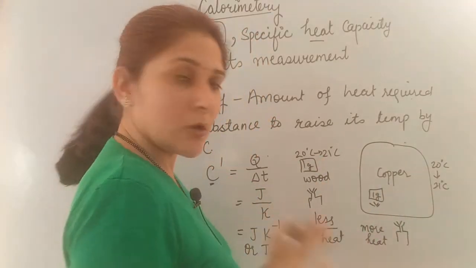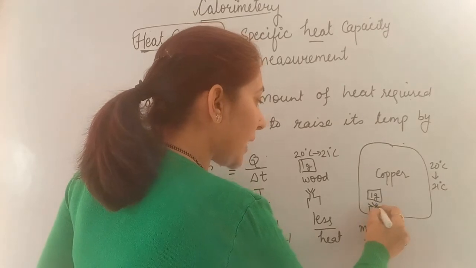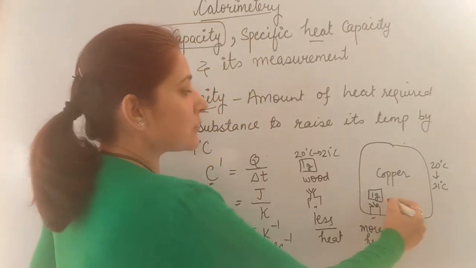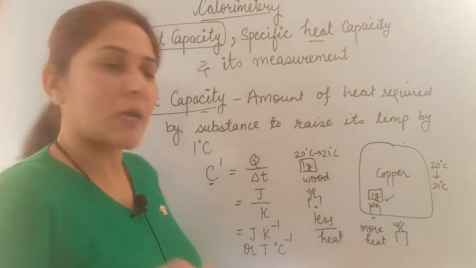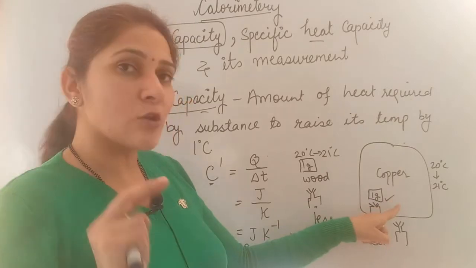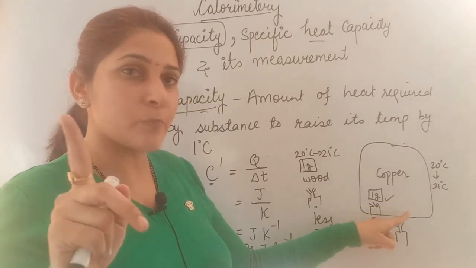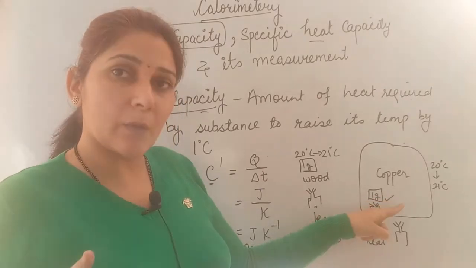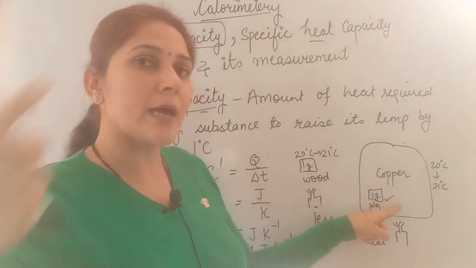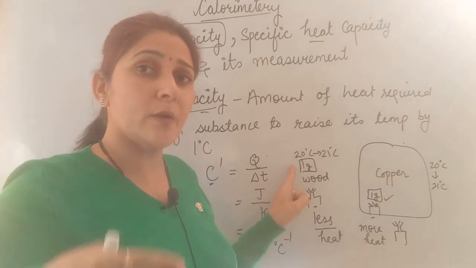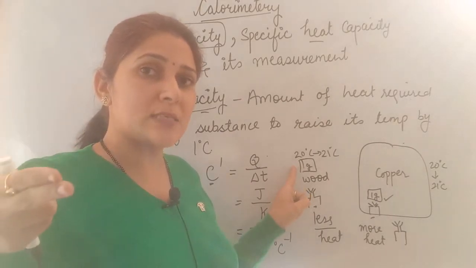Now if I supply heat at the same rate to both the pieces, definitely this one will show a rise in temperature quickly as compared to this. Because this has low specific heat capacity. Why specific? Because mass is specified. Because this has low specific heat capacity, that's why it is considered a conductor. The other has high specific heat capacity, meaning it can absorb more and more heat to show the rise in temperature.